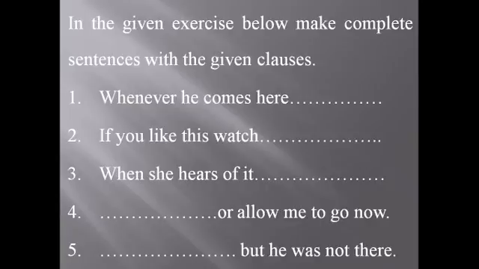Now let us see one more example that has four clauses. The boy looked at him and smiled but did not say anything because several strangers were there. I repeat the question.